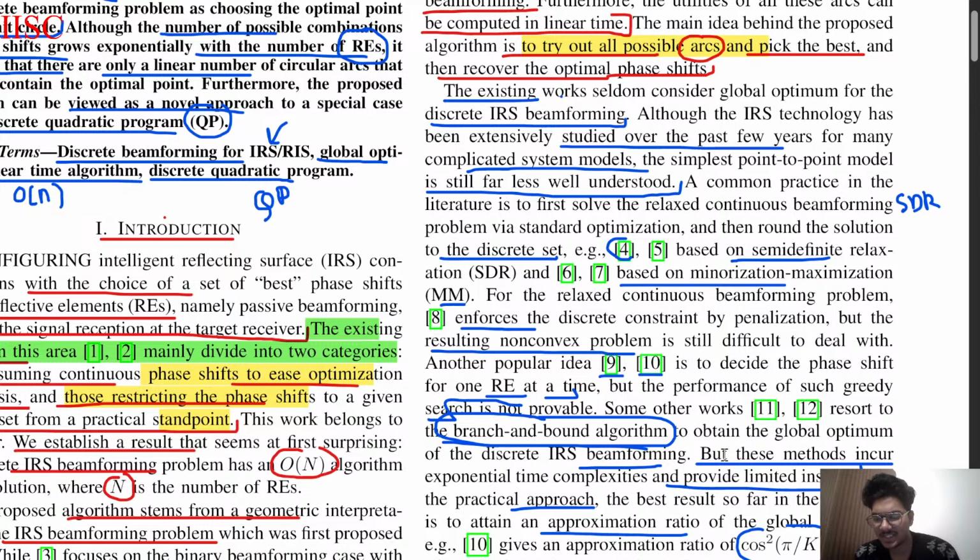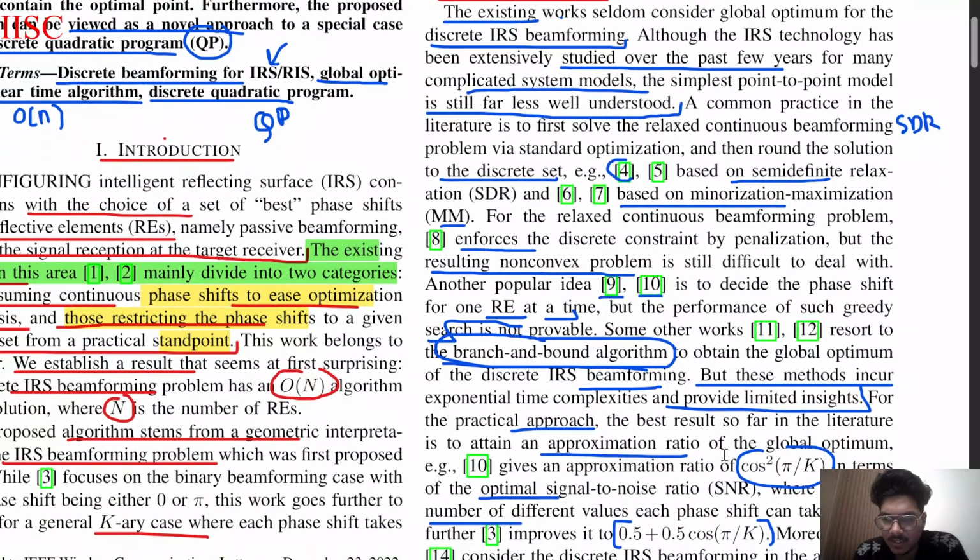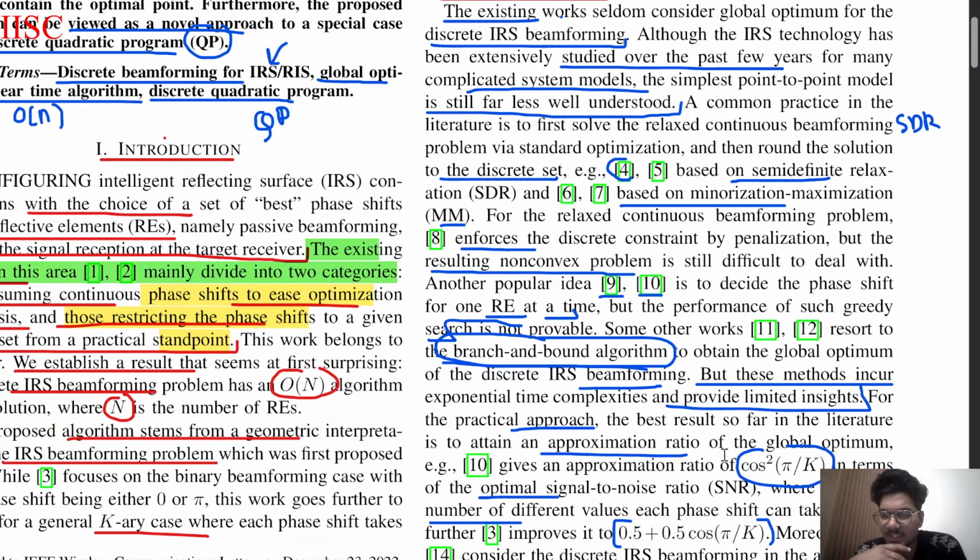For the practical approach, the best result so far in the literature is an approximation ratio for the global optimum of cos square of pi by K, in terms of optimal signal-to-noise ratio, and it depends on the different values the phase shift can take on.